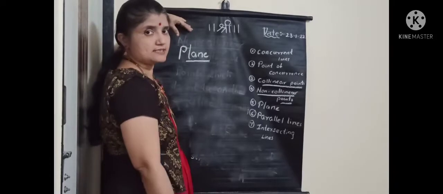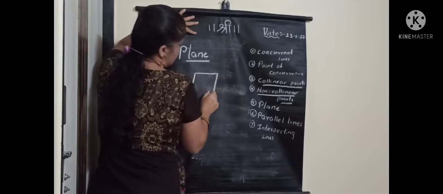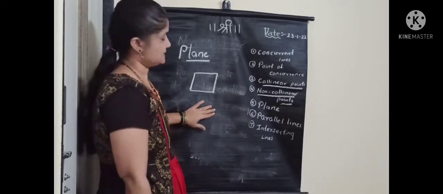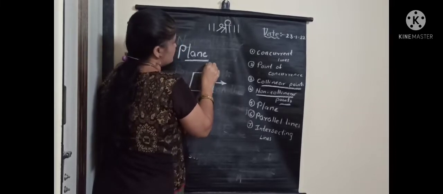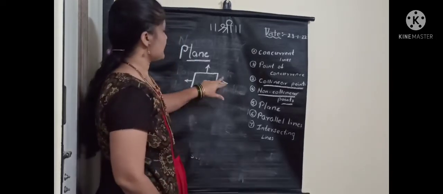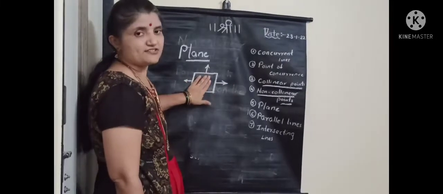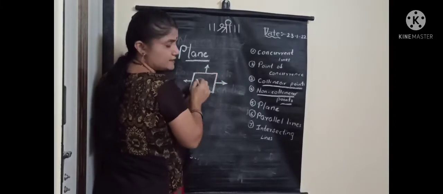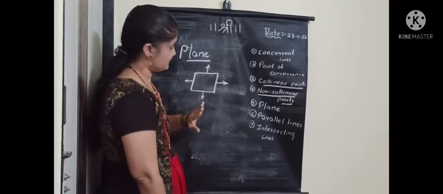A plane is a part of an infinite flat surface, and it is shown by arrows pointing outwards in all directions. What do these arrows tell you? They show that a flat surface, a plane, can be extended in all directions, and so it is called a plane. It is a flat surface.